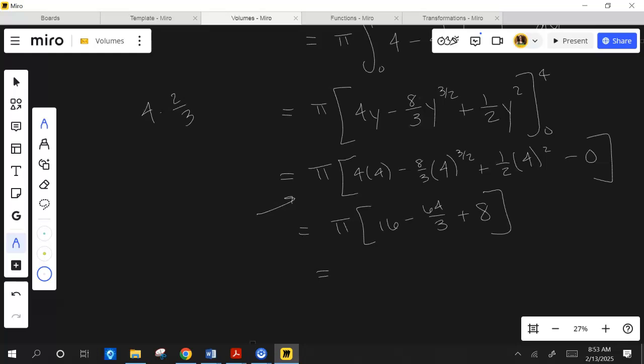Gross, what's 16 times 3? 48? This is 48 over 3. I like this kind of stuff though. This is 24 over 3. So 48 and 24 would be 70. 70 minus 64 would be 6. Shut up. We did all this and got 2.